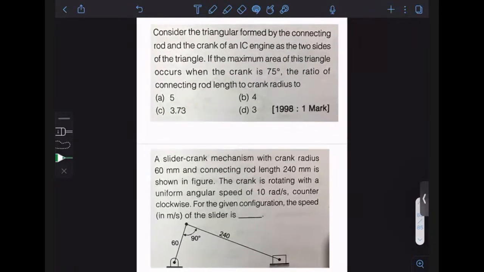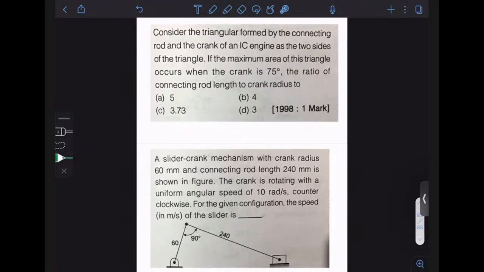Everyone, please solve both the problems, this one as well as this one. Okay? So try it. And I'm going to charge my pencil for that period of time. The speed of the slider is asked in question number 2. So both please try to solve.